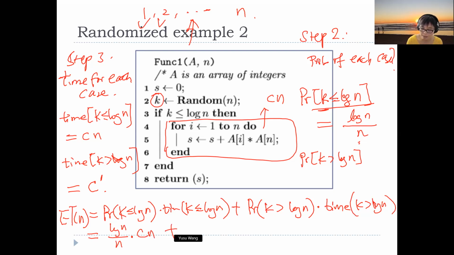Then we have this probability, 1 minus log n over n, multiplied with some constant.